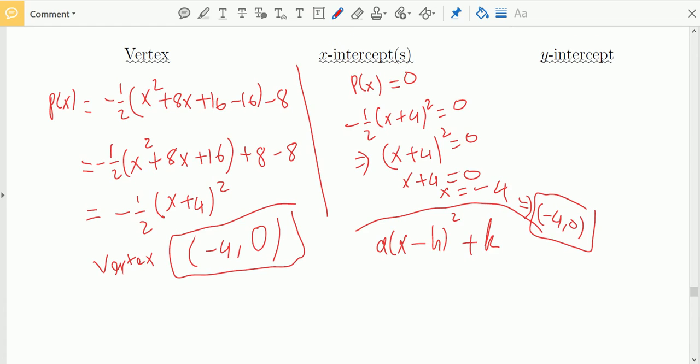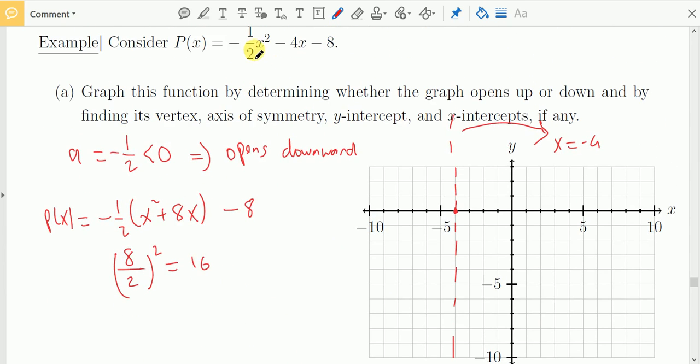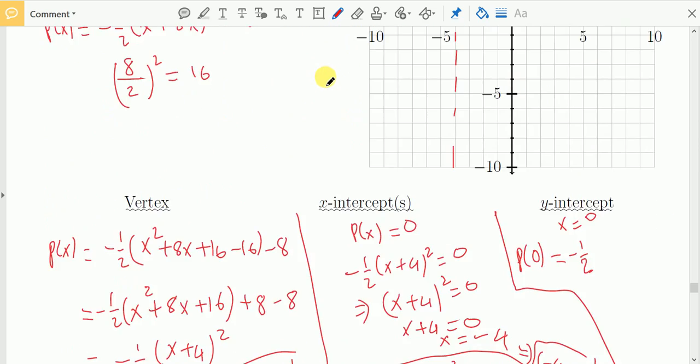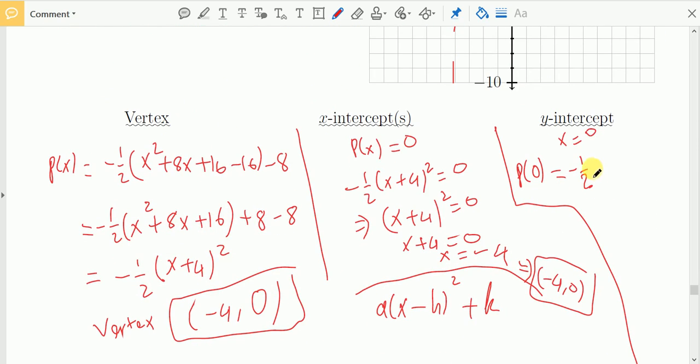In order to find the y-intercept, you let x be 0, and you're gonna find y. Now x is 0, so p of 0 is what? Let's use the original equation. Minus 1/2 times 0 squared minus 4 times 0 minus 8, and that should give you minus 8.